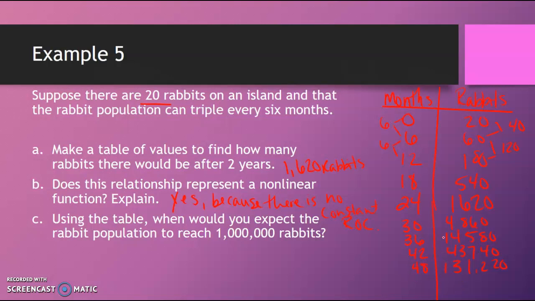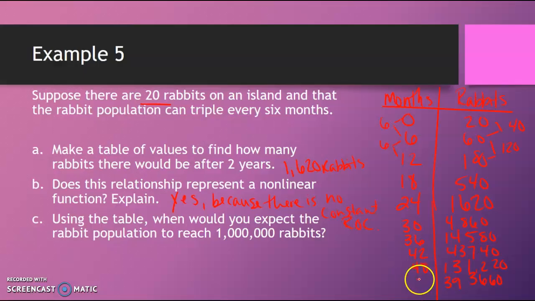Take that one times 3, and we end up with 393,660. And so then we add 6 to our 48, and we get 54.